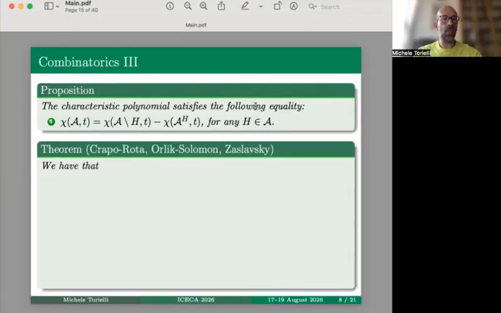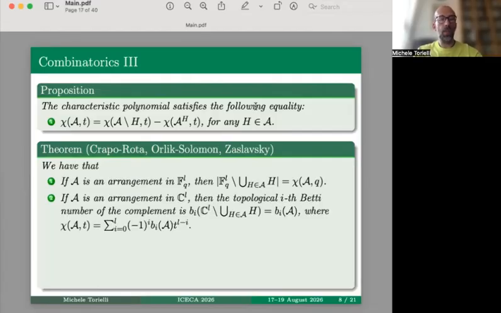The other thing that is important to notice is that from the characteristic polynomial, we can read quite a lot of things about the arrangement. For example, if I have an arrangement over a finite field, the number of points outside my arrangement can be computed by evaluating my characteristic polynomial at q. Instead, if I have a complex arrangement, I can compute the topological Betti numbers of the complement, which are in general hard to compute, by looking just at the coefficients of my characteristic polynomial.